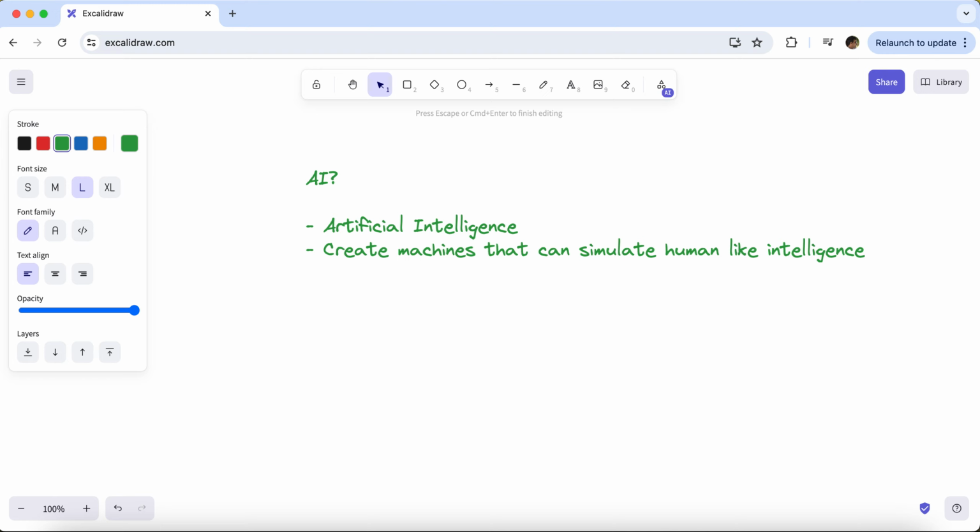Now it is very abstract, right? If we say human like intelligence, every human is unique. Each has their own skill set, way of communication, thought process. Even though a particular subject is common, the way I think about it could be different from someone else thinking about it.